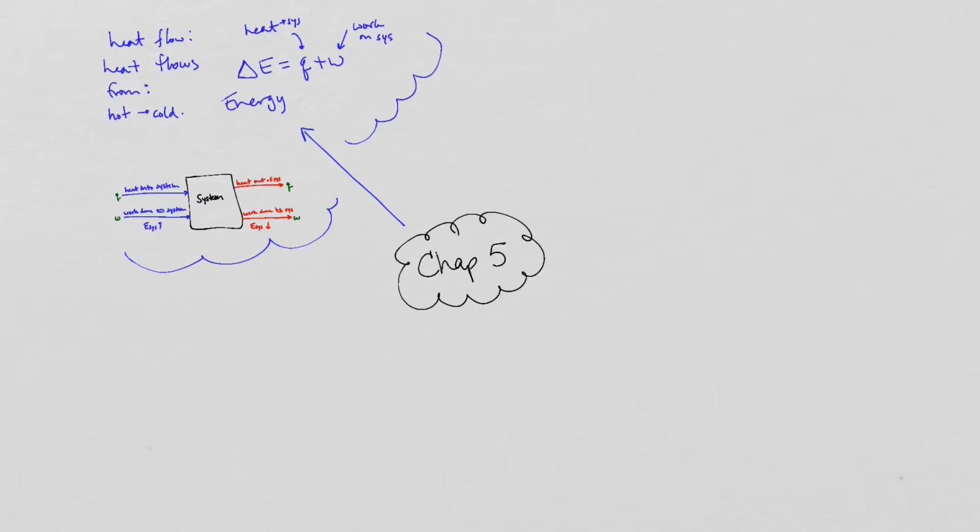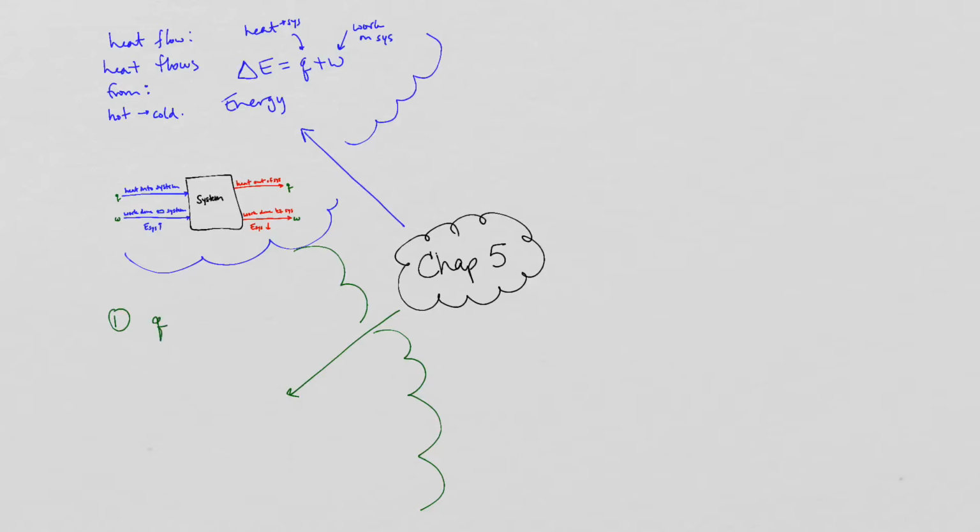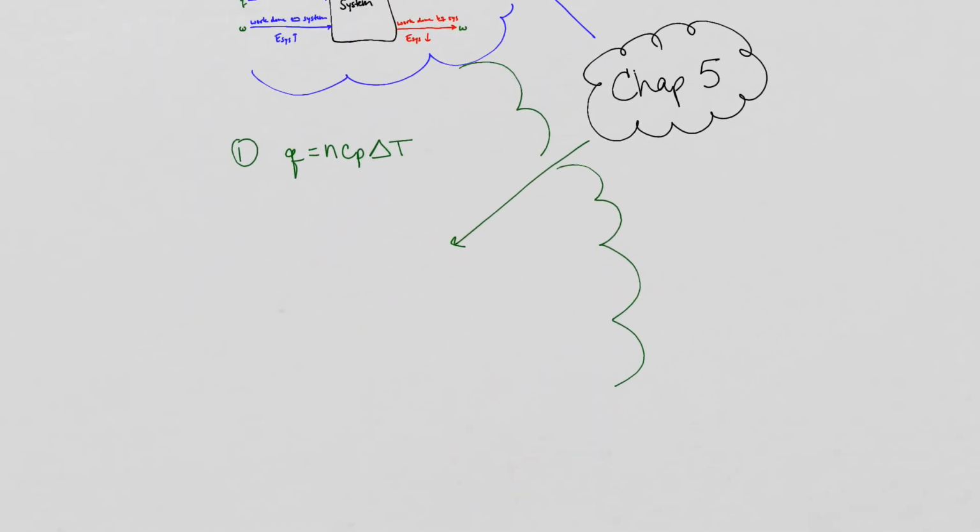So something else I want to talk about is kind of like E, but it's Q. There are two equations for Q. One equation is Q, which is the heat, equals n C_p delta T. And there's a second equation for Q, where Q equals m C_s delta T. And these two equations essentially mean the same thing.